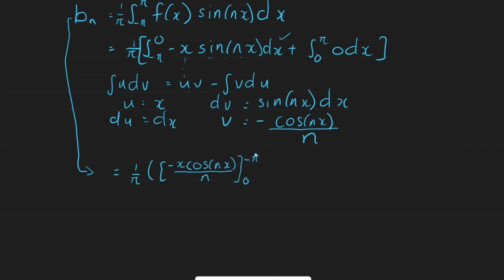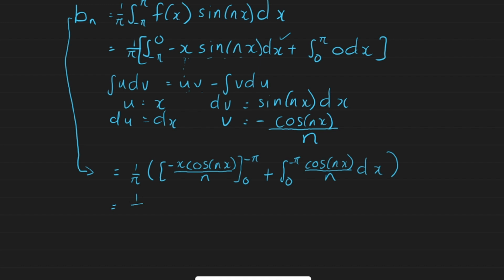We have swapped around the order of integration as we did with an. Then we say plus, since there's a minus here and a minus here, that gives a plus, and we have the integral from 0 to minus pi, swapped around again, of cos nx divided by n dx.